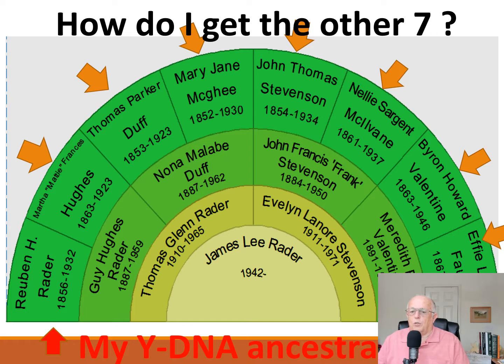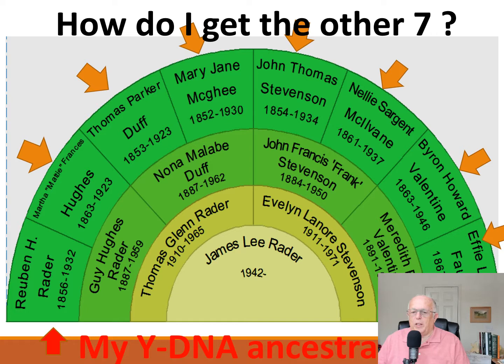This chart shows my great-grandparents. Obviously, there are 2 people in each square on the outside. And you'll see the Hugheses and the Duffs and the McGees and Stevensons and McIlvaine and Valentine and the Favers, as well as the Ridgers.